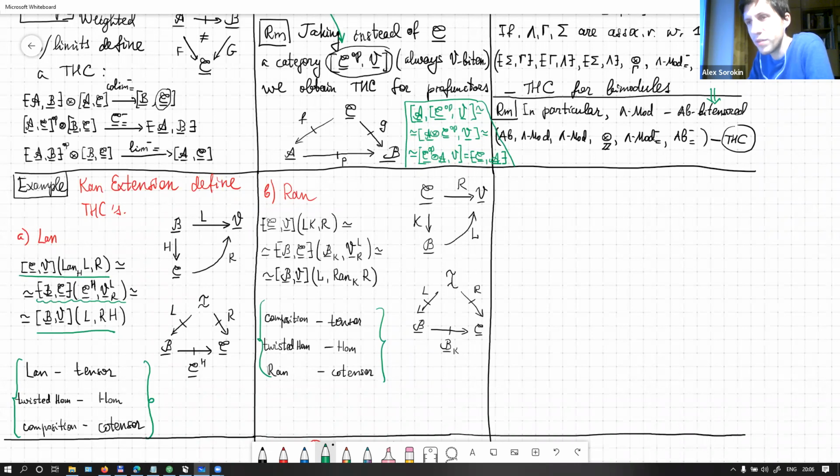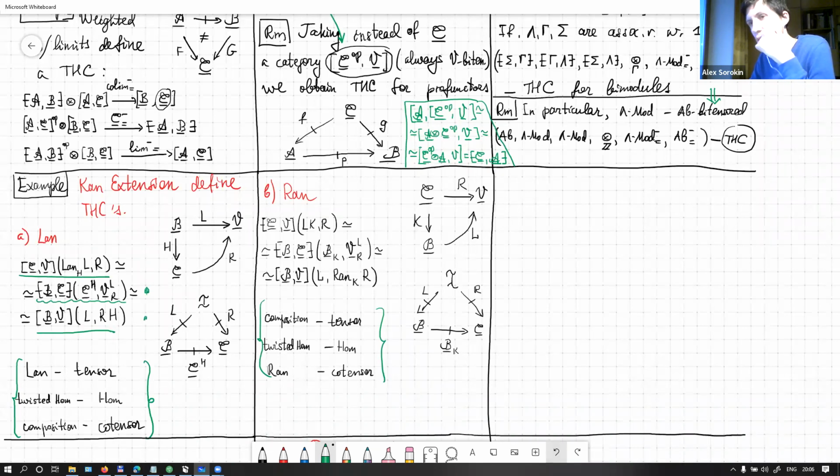But how to derive them all together and know who is first, who is second, who is third? Who is first is pretty much obvious, right? Because left Kan extension standing on the left is tensor.